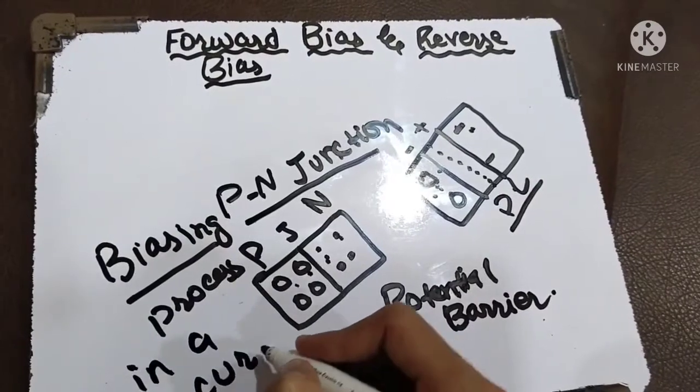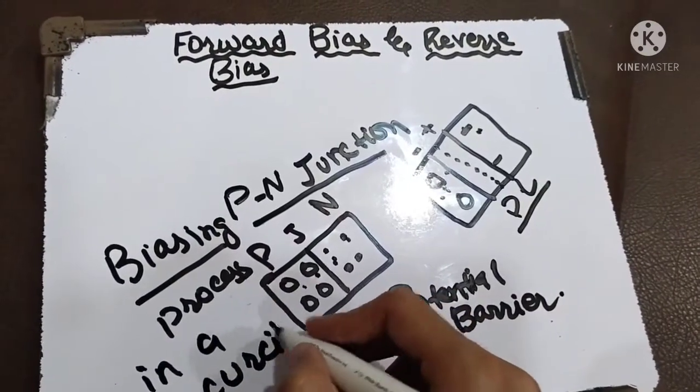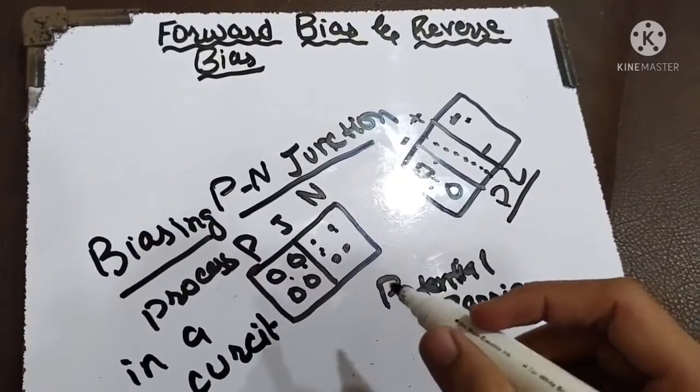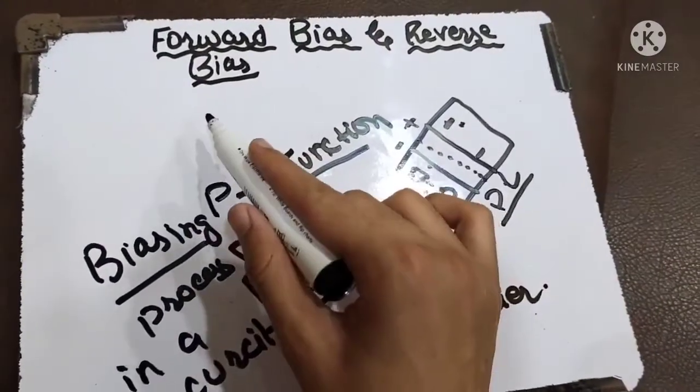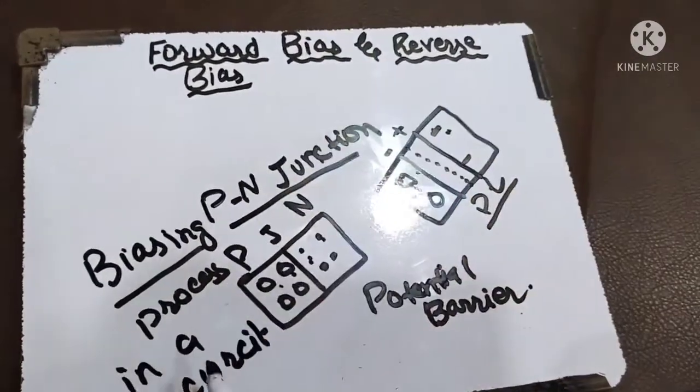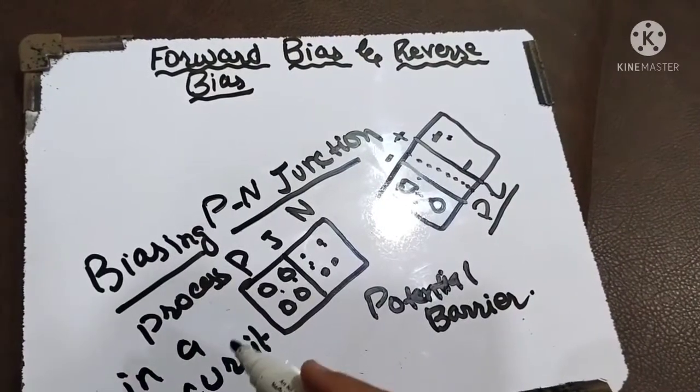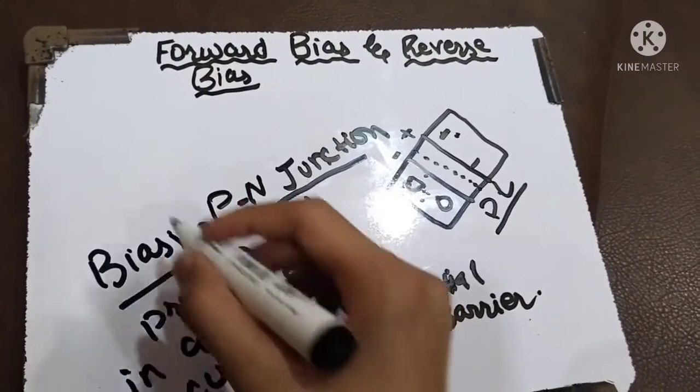There are two types of biasing: forward biasing and reverse biasing.